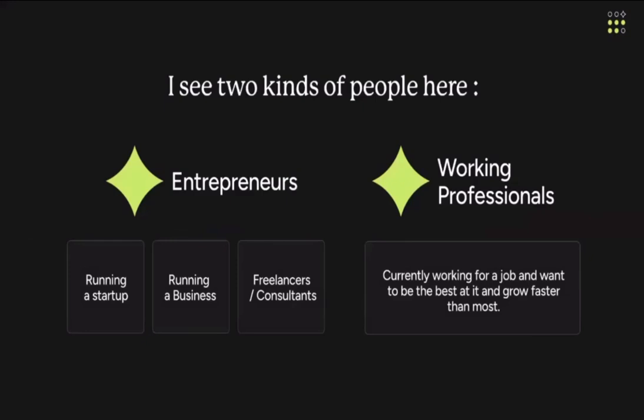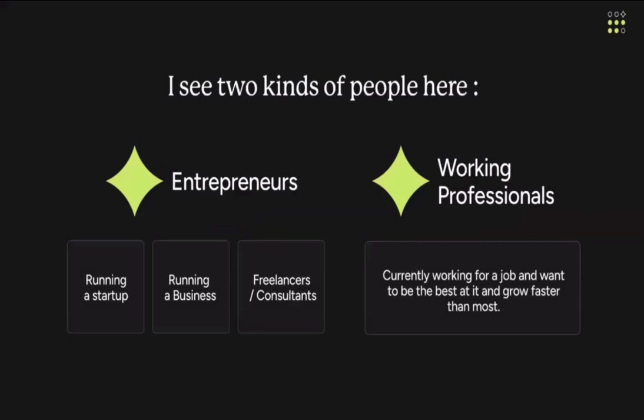We ran a poll and I got a sense of what kind of people we have here. I see majorly two kinds of people. The one are basically people who are, I can see the poll that is running, either entrepreneurs or working professionals. And of course, there are a few people who are students as well. The people are all over the place who are right here.